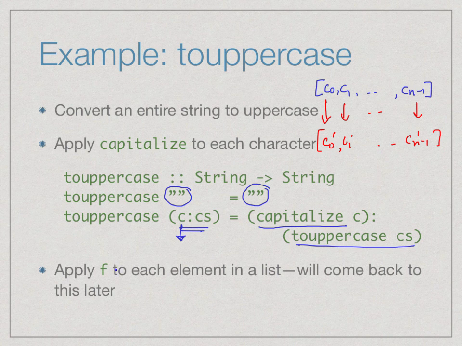So what we are doing abstractly is we are taking a function f, in this case the function f is capitalize, and we are applying it uniformly to a list so that we get a new list of the same length where I have, instead of C0, f of C0, instead of C1, f of C1, and so on. Now this is a very important operation which we need to understand for lists, and we will definitely come back to this later, but this is a specific example of it where we have just inductively defined how to capitalize a string.